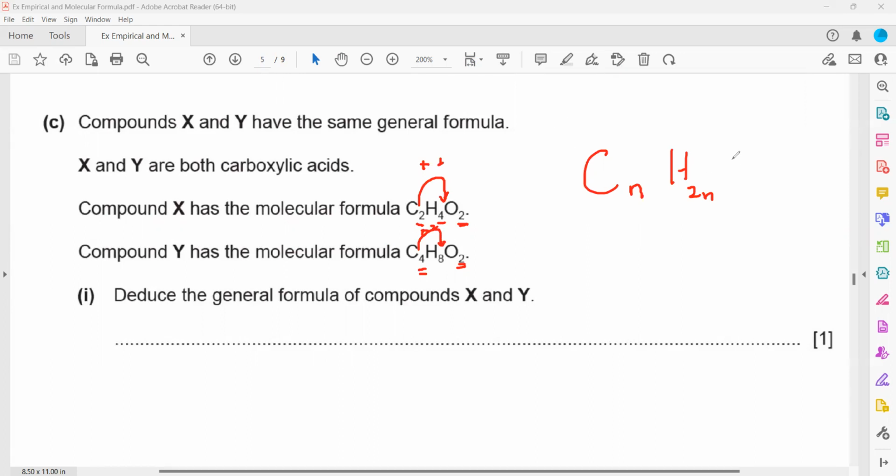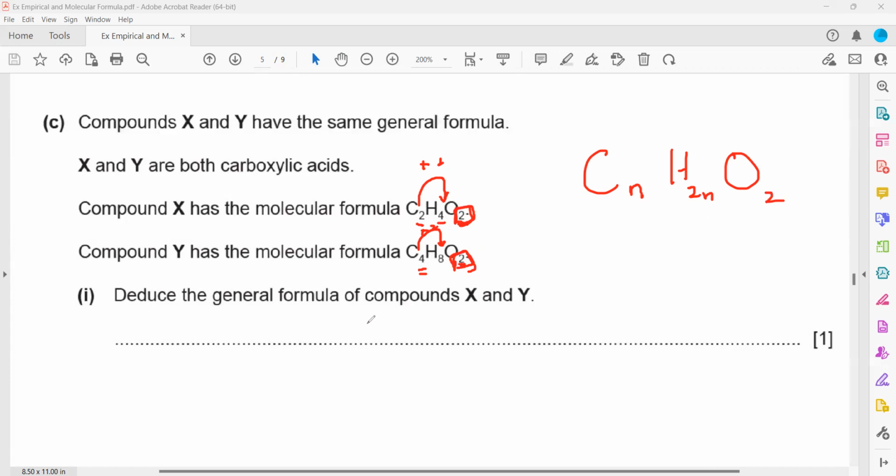But what about oxygen? You can see it does not depend on carbon and hydrogen. It remains 2. It won't change because this compound had two oxygen, and the other compound also has two oxygen. So the oxygen number does not depend on the carbon or hydrogen number.